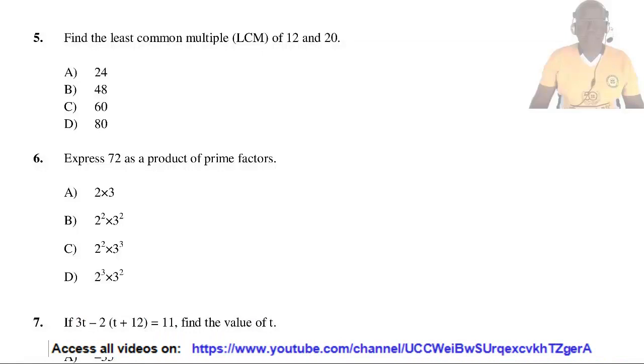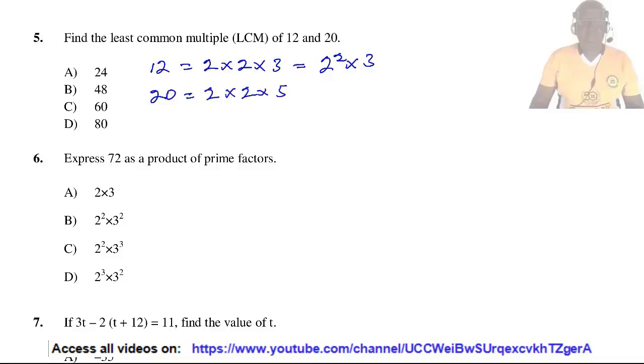Question 5. Find the least common multiple, LCM, of 12 and 20. We shall first find the product of the prime factors of 12 and then of 20. 12 is 2 times 2 times 3, which equals 2 squared times 3. 20 is 2 times 2 times 5, which equals 2 squared times 5.